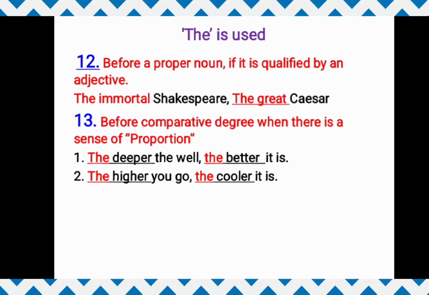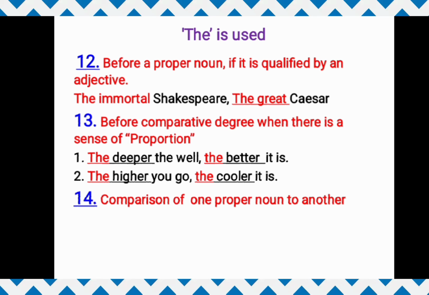Higher is a comparative degree, and cooler is also a comparative degree, and there is also a sense of proportion. So that is a very suitable example of the before a comparative degree when there is a sense of proportion. That is the 13th use of the definite article.